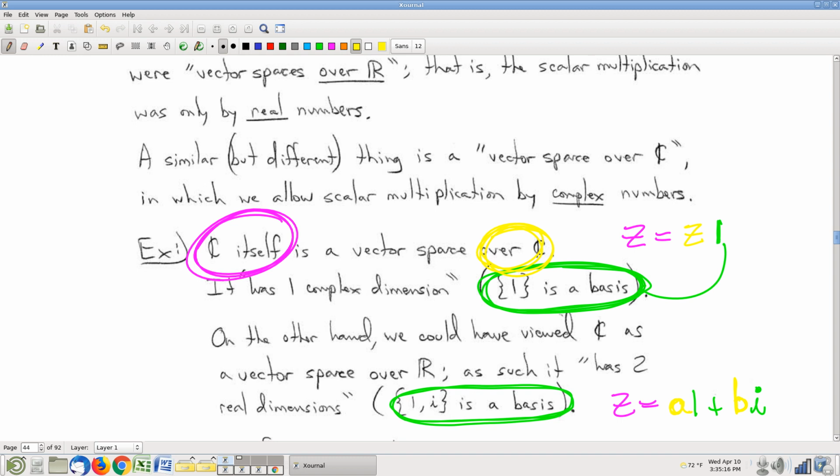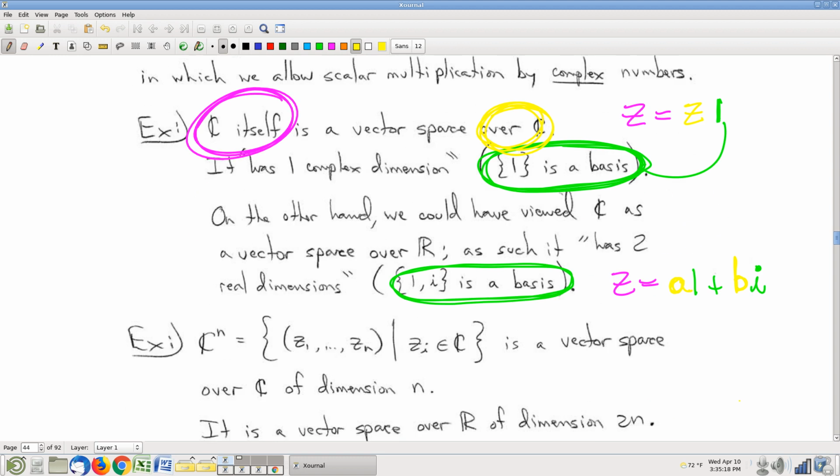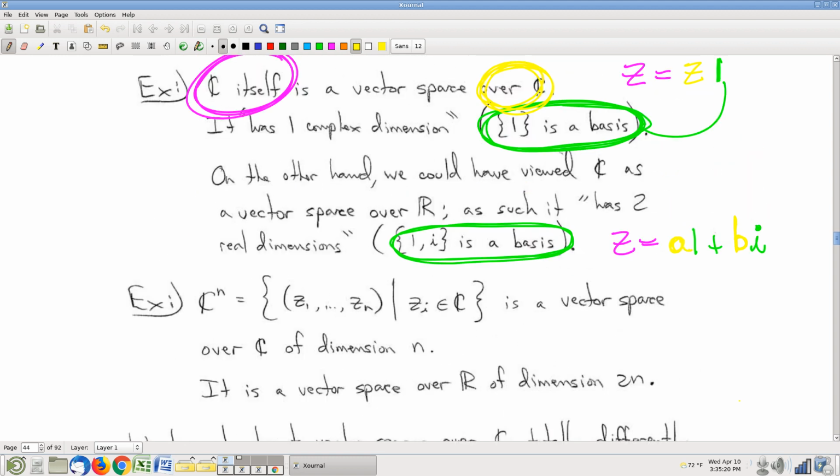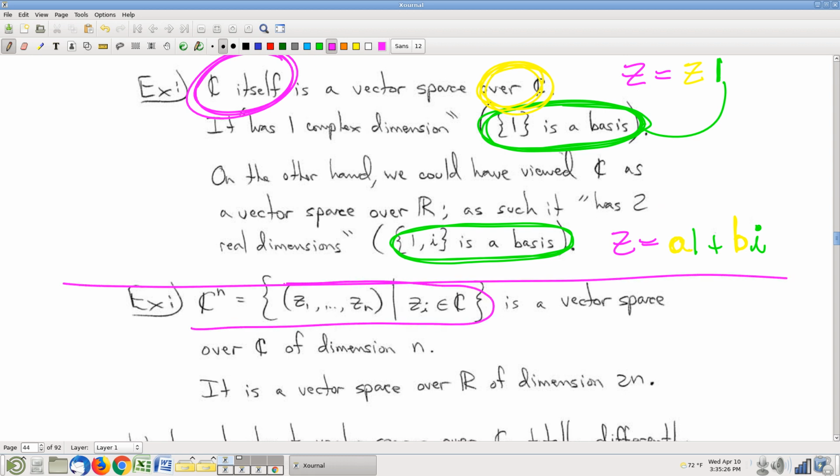Okay. All right, now I'm going to leave as an exercise for y'all to consider this next question. What about C^n? So C^n is a lot like R^n in the sense that it's ordered in tuples, right? R^n is ordered in tuples of real numbers. C^n is just ordered in tuples of complex numbers, right?